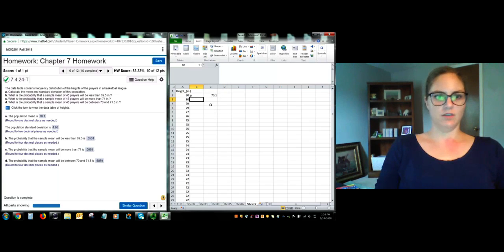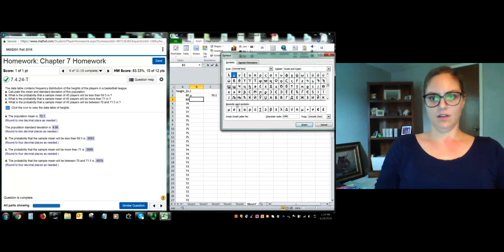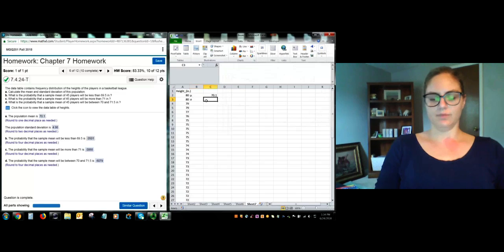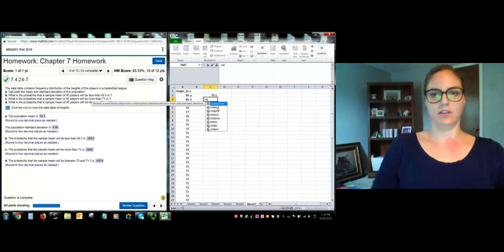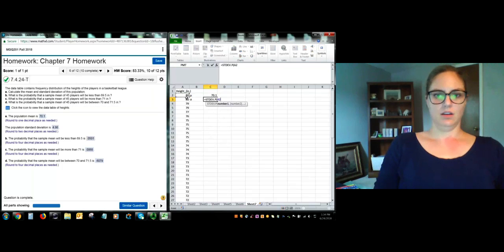The population standard deviation, thinking back to our Excel formulas, equals STDEV.P of this population. It's going to be that 4.86.